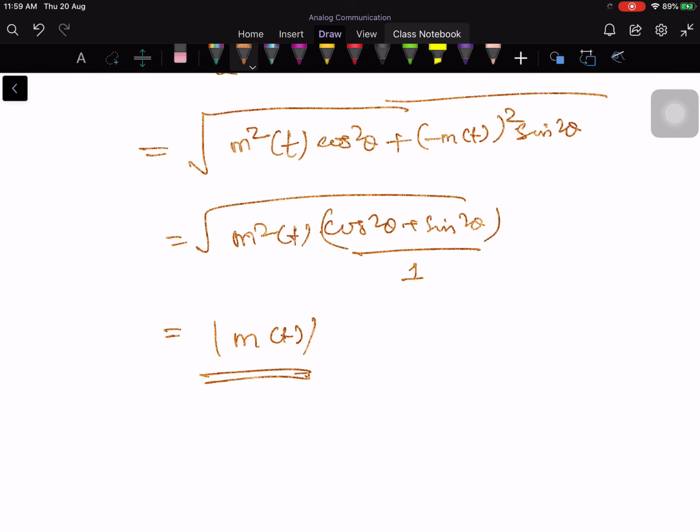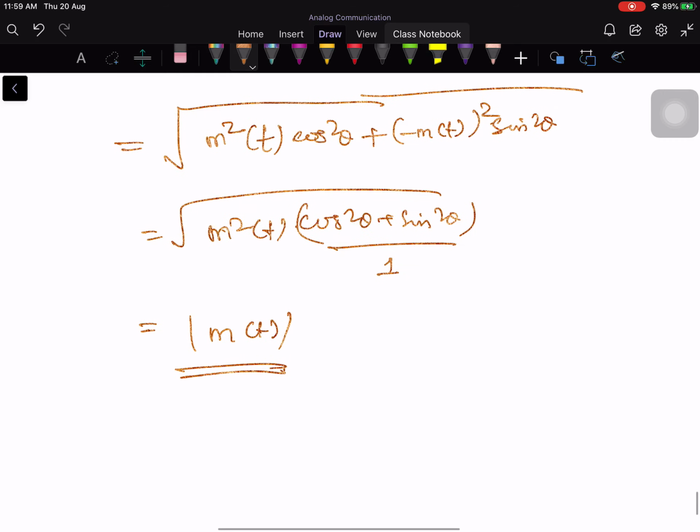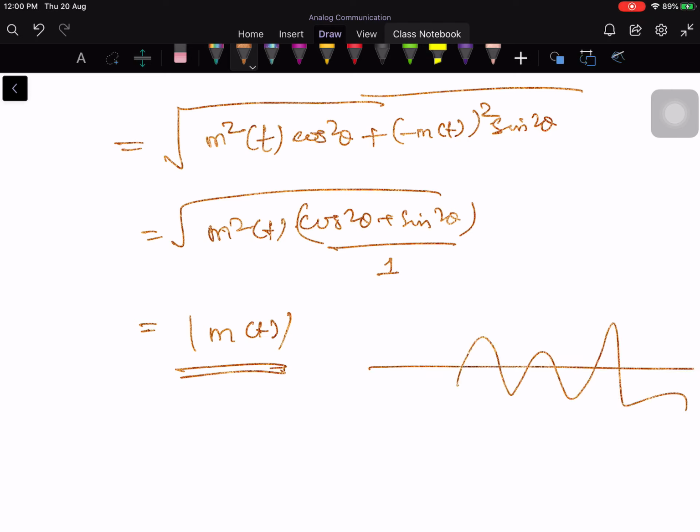So therefore the sign information of the message signal will be lost. M of t has to be a positive function. Originally the m of t was like this. It has a negative part and a positive part. Now once you multiply with the carrier, the negative part will be lost. So what I am saying is that the instantaneous amplitude is governed by the modulus of m of t, not by m of t.